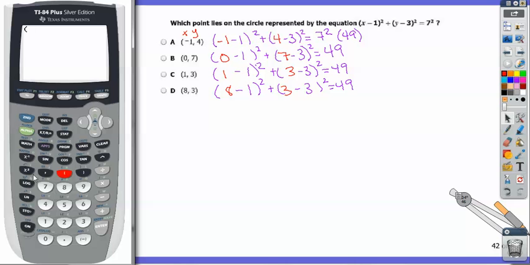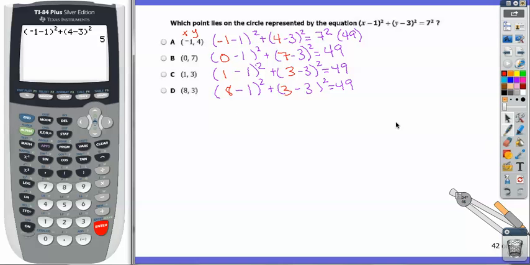So I'm going to get -1 minus 1 squared plus 4 minus 3 squared. And I get 5. 5 is not 49. So I'm just going to put an X. And I'm going to go on to the next one.